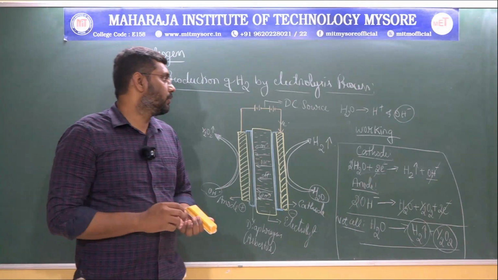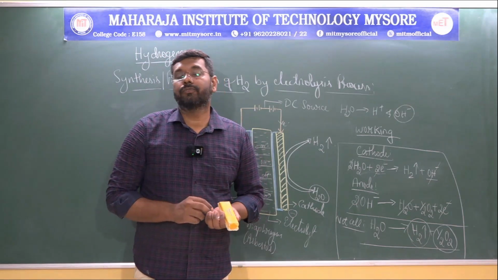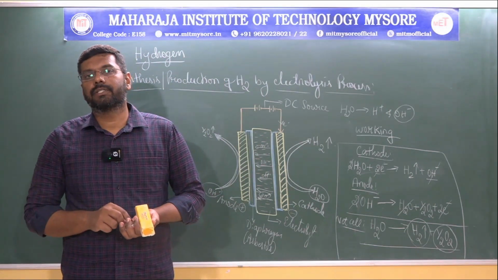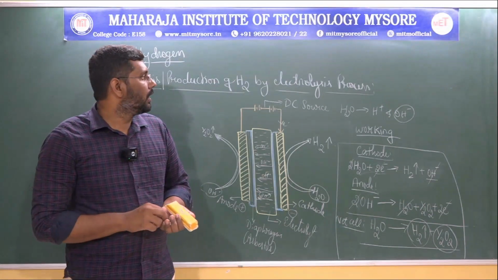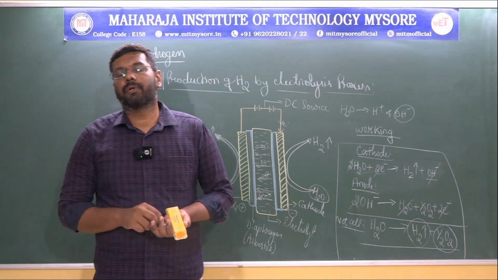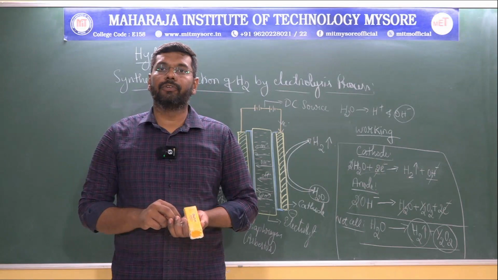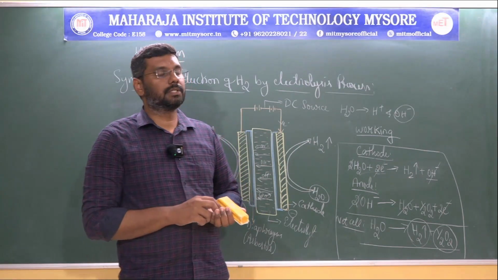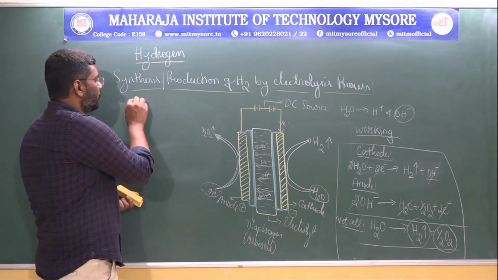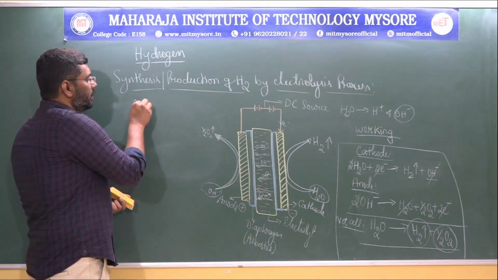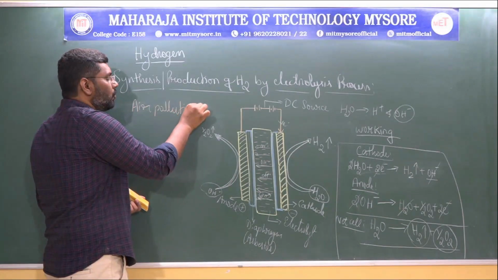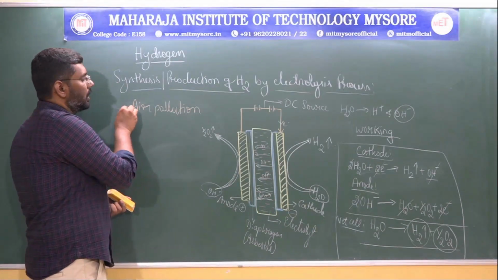Coming to its advantages, what are the advantages of these green fuels? As I mentioned at the very beginning, hydrogen gas is one of the promising green fuels, which mainly reduces air pollution. That is one of its major advantages.